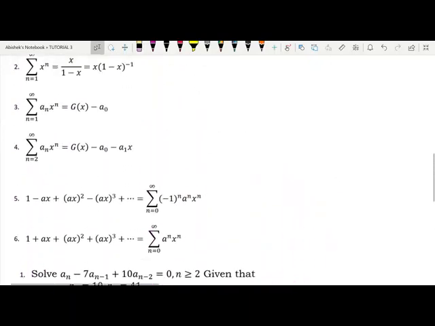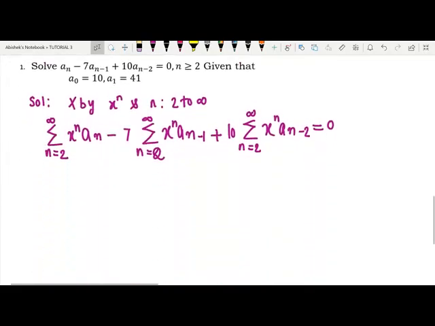From the above result, n equals 2 to infinity a n x power n equals g of x minus a0 minus a1 x. So we can write this expression as g of x minus a0 minus a1 x.